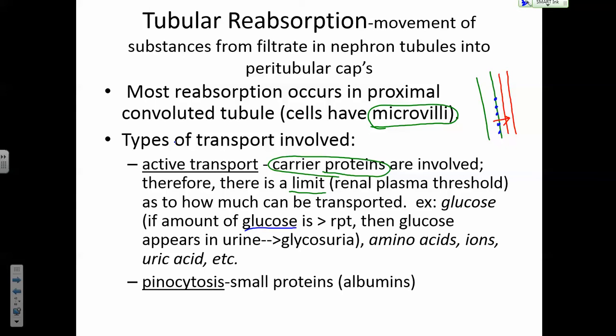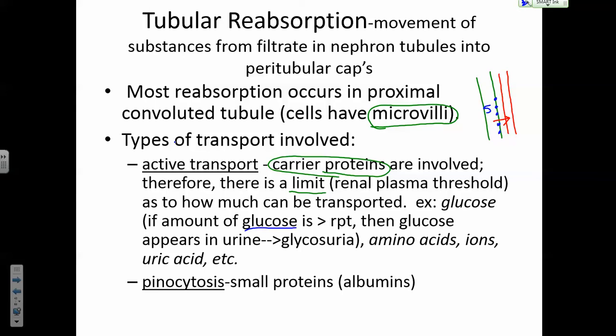So these little blue dots over here represent glucose carrier proteins. And do you see on my picture I only have 5 of them? And so just for this simulation, only 5 glucoses can be transported at a time, right? So as long as you don't have over 5 glucoses right here in the filtrate, then every bit of it's going to be actively transported, right?